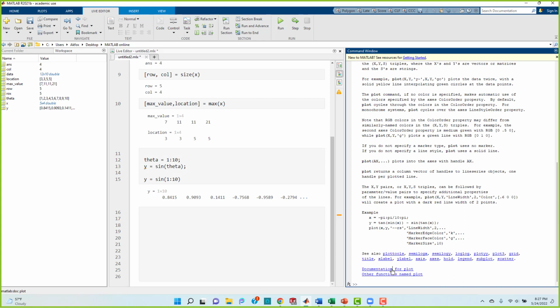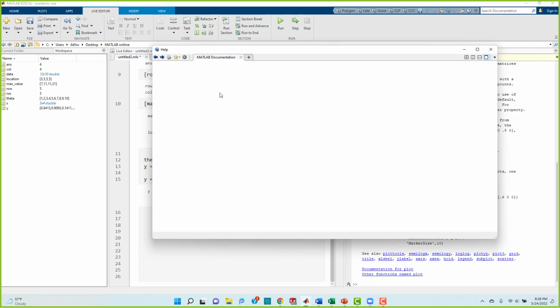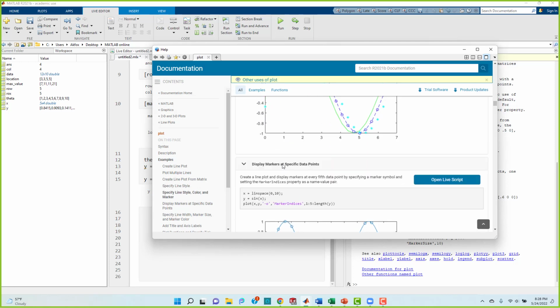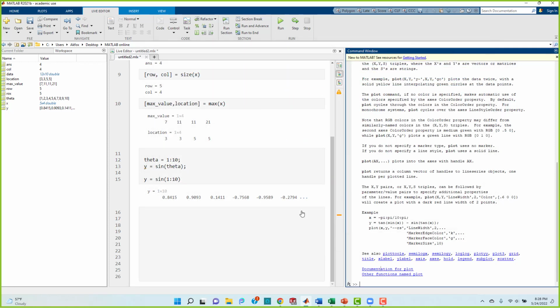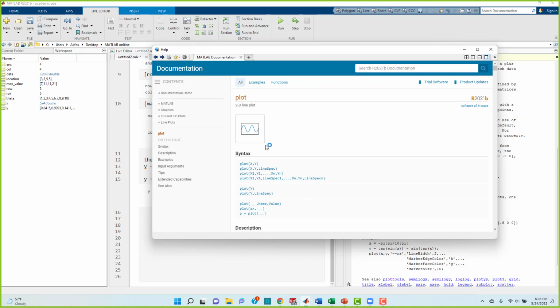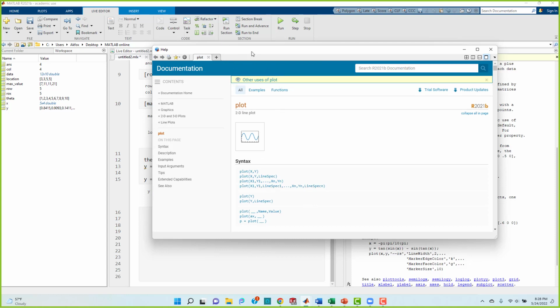You can also get to documentation for that function, which will open this window up and give you a more in-depth explanation. But if you want that first, you can just do doc plot, and that'll bring that up without going through the extra step.